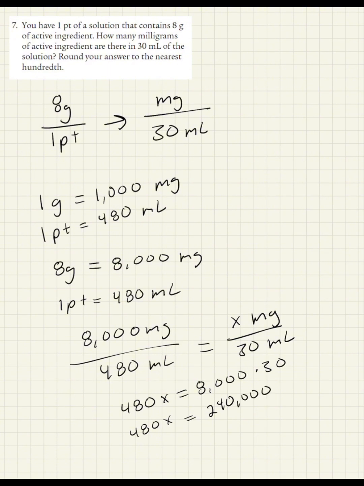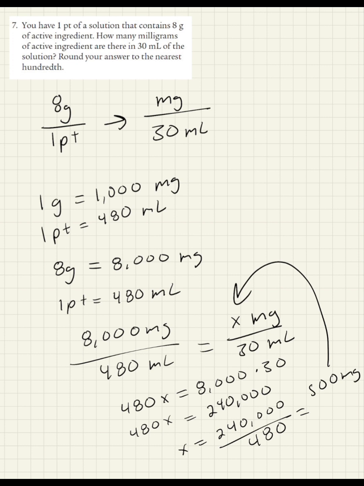And then if we divide by 480 on both sides, we get x is equal to 240,000 over 480. And so just solving for x, we get 500 milligrams is equal to x. So the answer should be that this 500 is the milligrams.